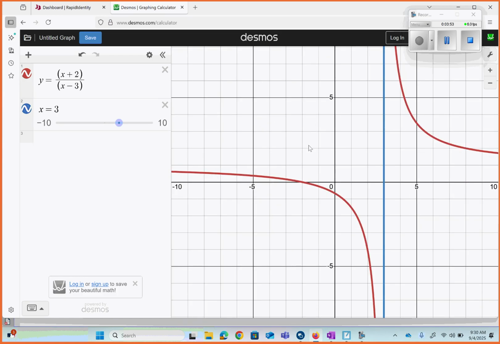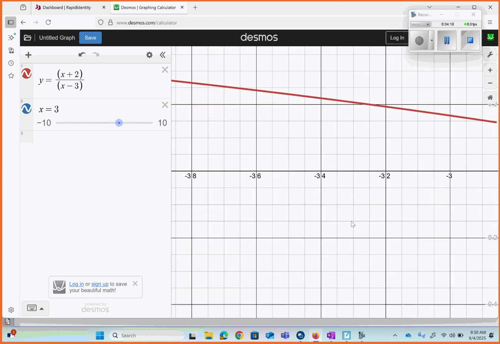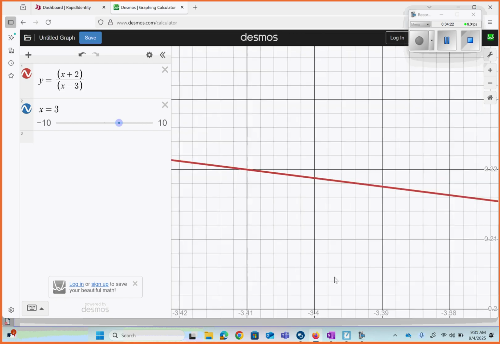Now I'm going to make a hole that's going to take place somewhere in our equation, and you can't really see a hole on Desmos unless you zoom in, and then it looks really bad. But before I do that, I'm going to zoom in to an arbitrary place on this graph, really close.